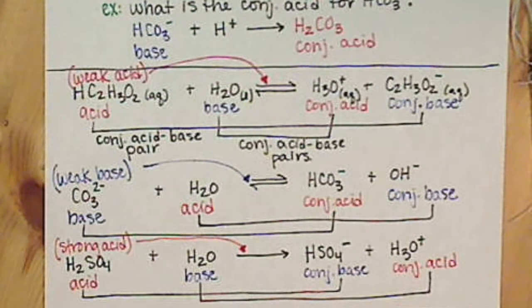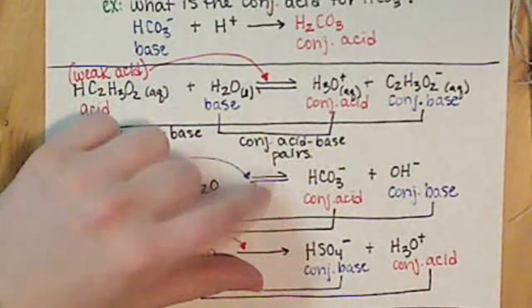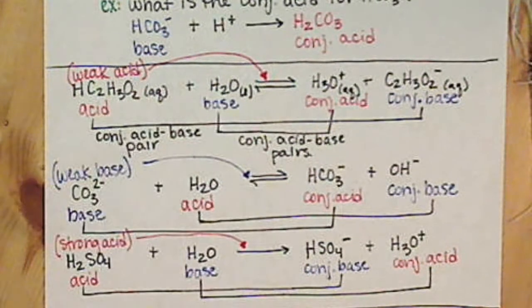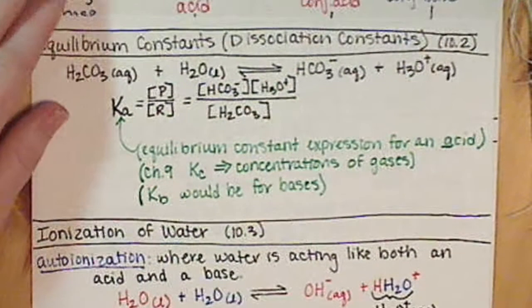Now what's important for distinguishing between a weak acid or weak base and a strong acid or strong base is that in a weak acid or weak base, we have the double reaction arrow, which means we can have equilibrium. If we have equilibrium, that means we can have an equilibrium constant expression.